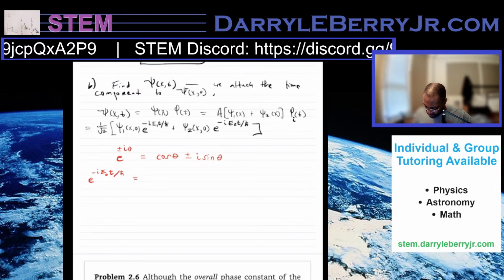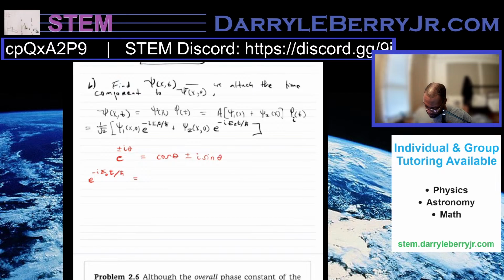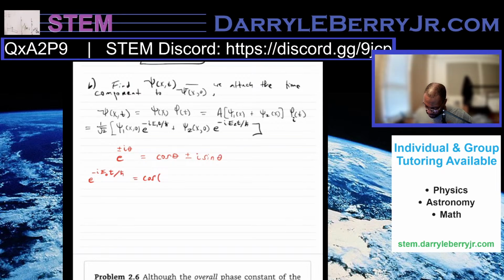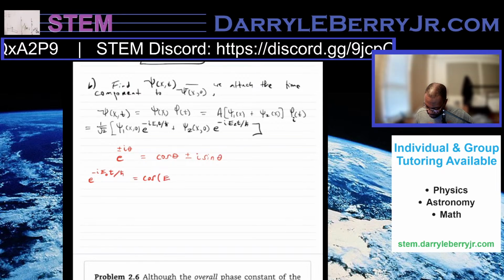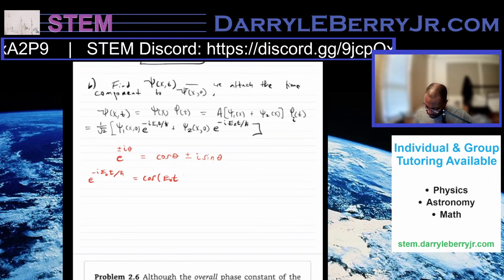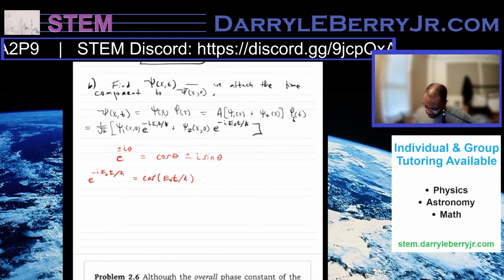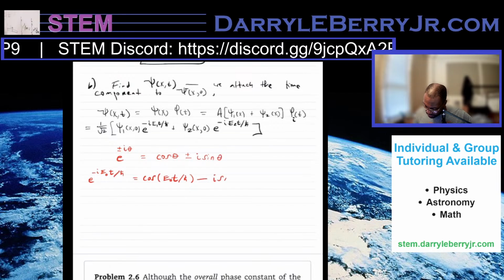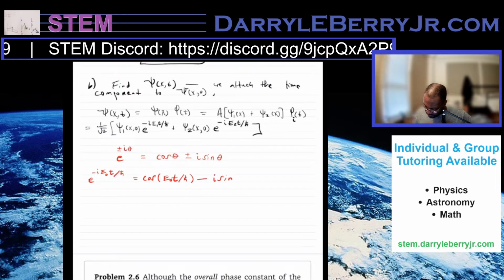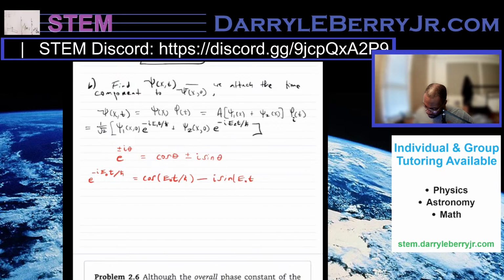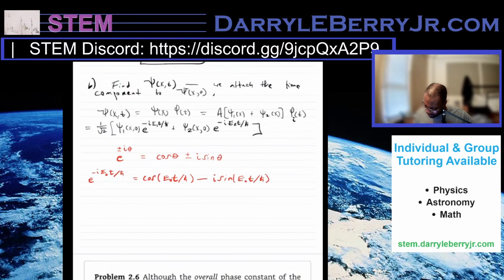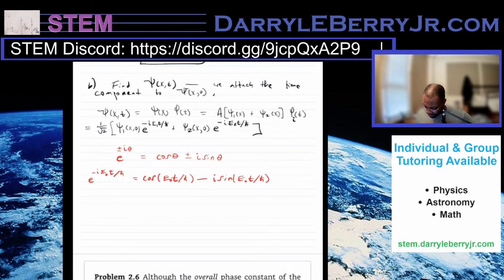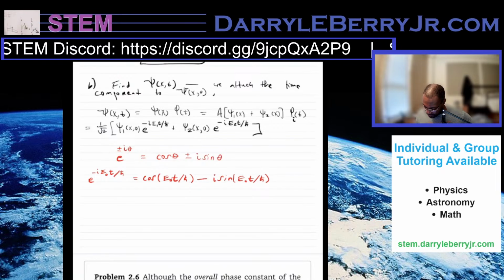So that becomes cosine of E naught t over h bar minus i sine of E naught t over h bar. All right. And we have two of these.